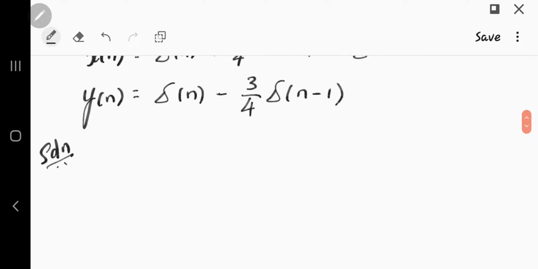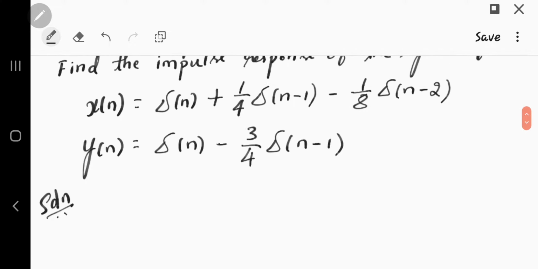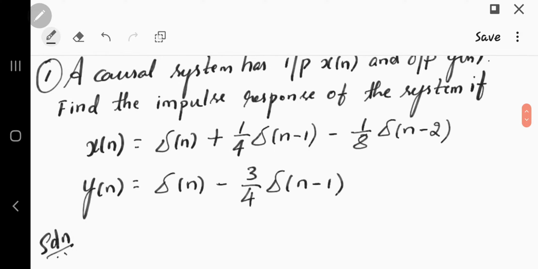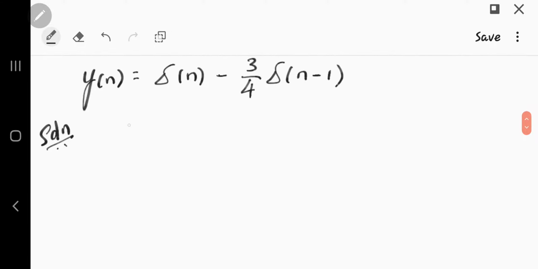To solve this, you have to remember the standard z transforms of signals like delta n, u of n, alpha to the power n into u of n, minus alpha to the power n u of minus n minus 1, etc. Now, the data given is x of n and y of n, and we have to find the impulse response of the system, that is h of n.